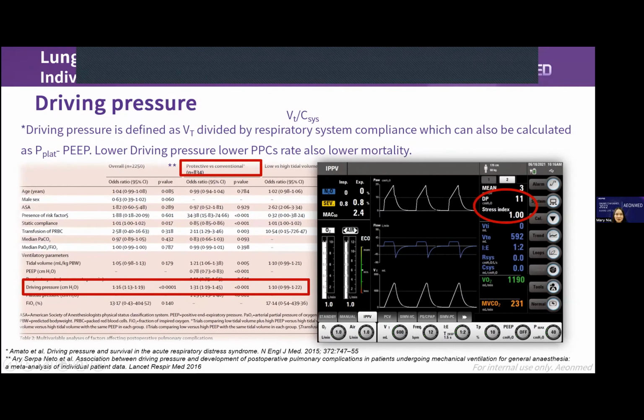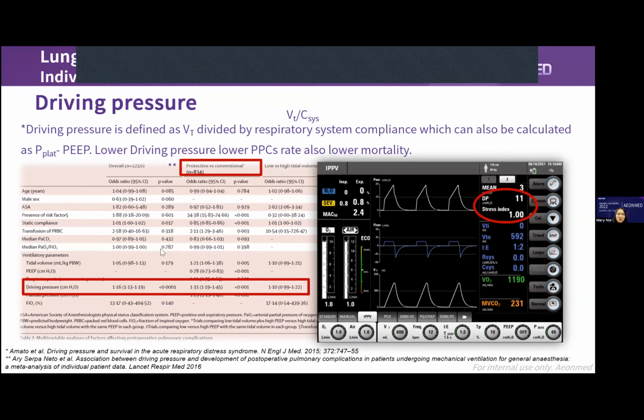And after we see driving pressure here, we can intuitively understand whether my patient's PIP is okay, and his or her tidal volume is okay and suitable for these patients.